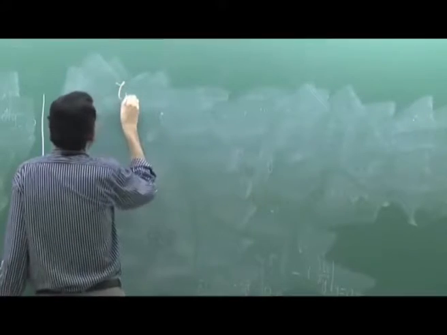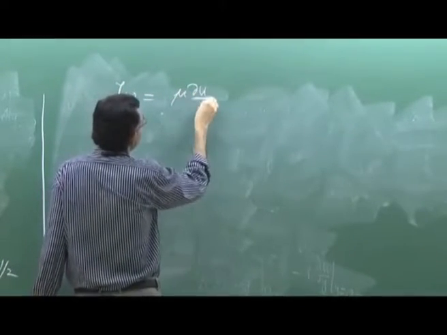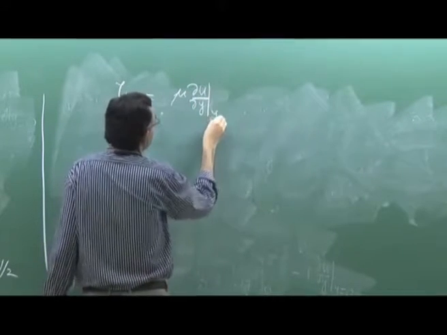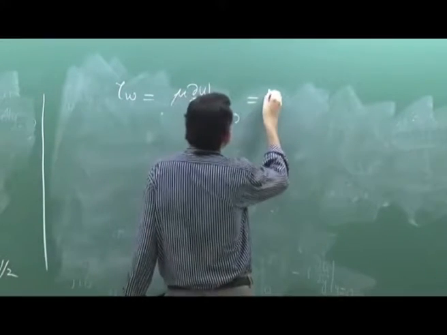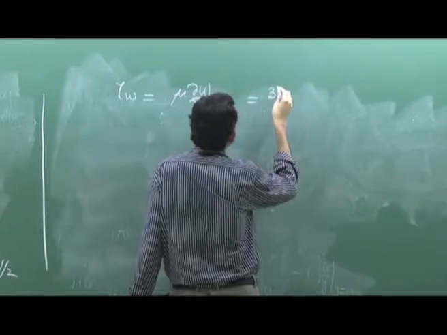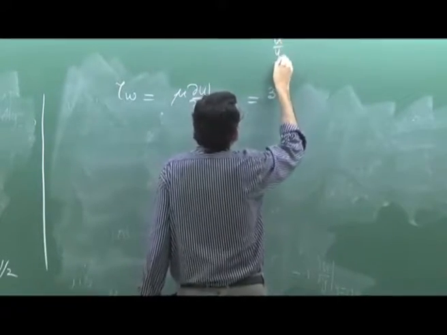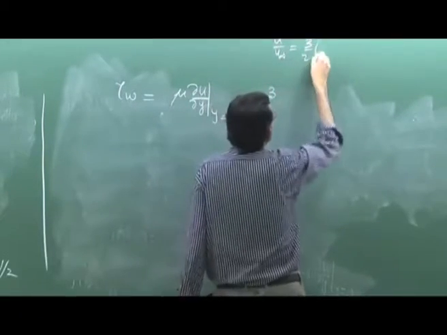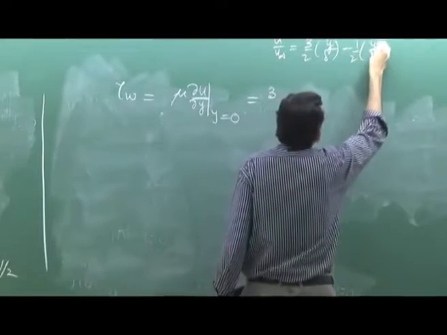So, what is tau wall? Tau wall is this, right? So, remember u by u infinity is 3 by 2 y by delta minus half y by delta whole cube.